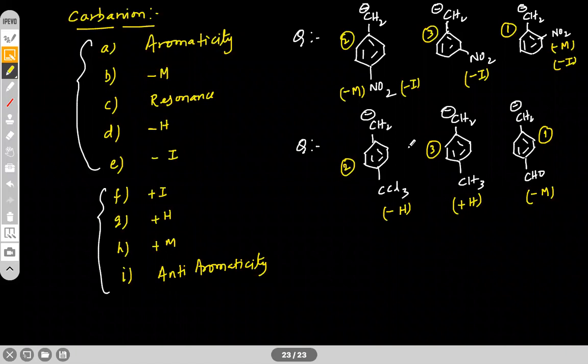Acidity also we have discussed how to check acidity and basicity. You just need to write down the conjugate base, and depending upon the effect, what effect is there in the conjugate base, resonance, hyperconjugation, or I effect, we can compare the stability of conjugate base, and then we can say which compound is more acidic or less acidic.